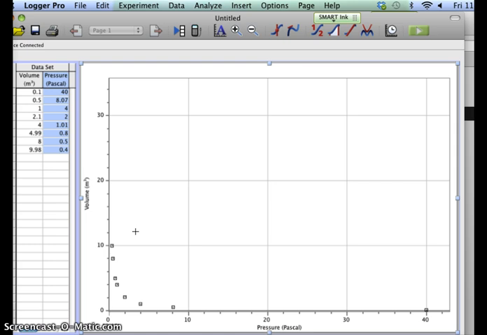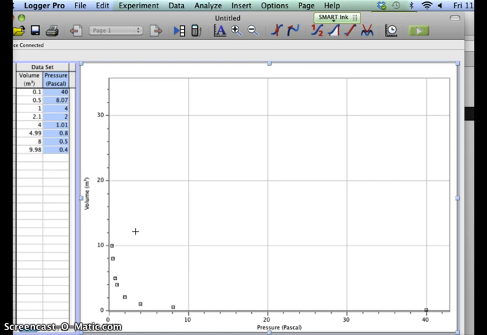So we test that idea. Let me say this again, because you've never done this before. When we see a curve and we think we know what its mathematical relationship is, we test that relationship. For example, here, it sure looks like V is proportional to 1 over P.